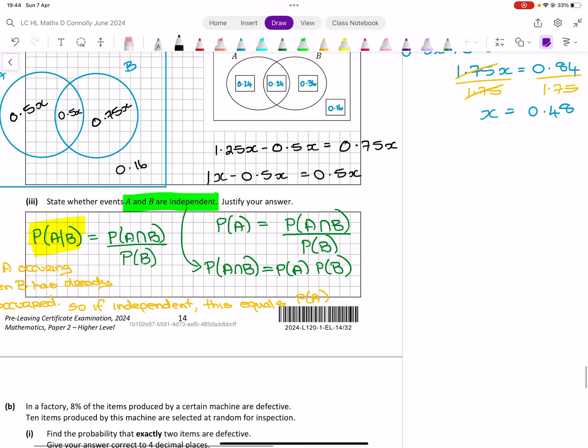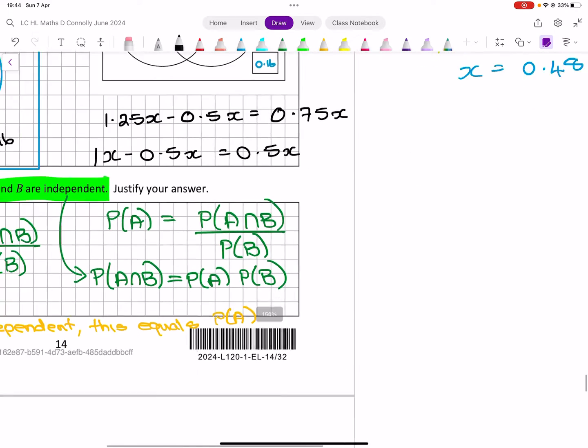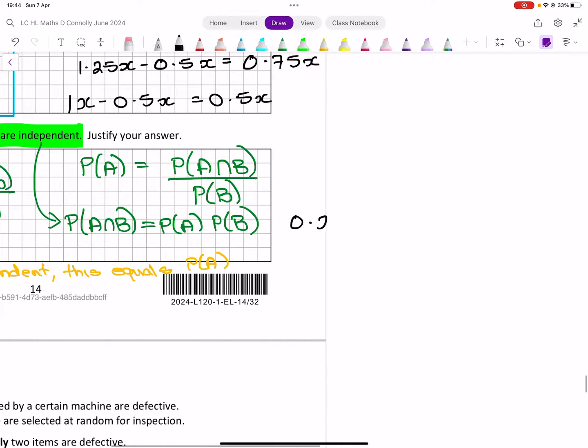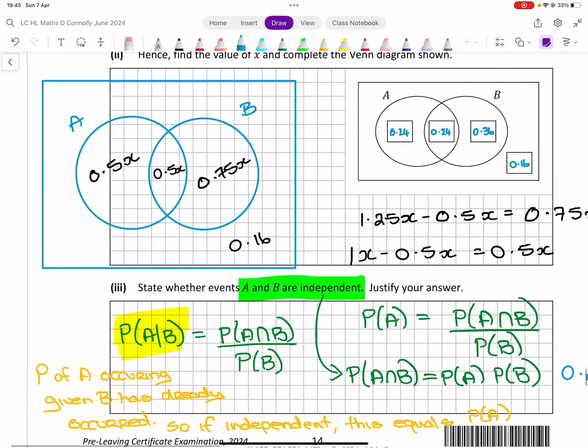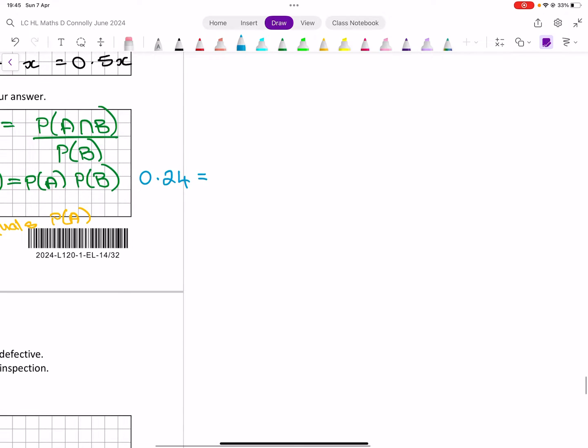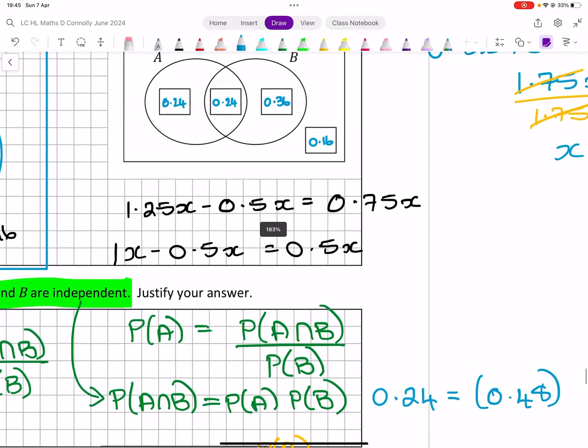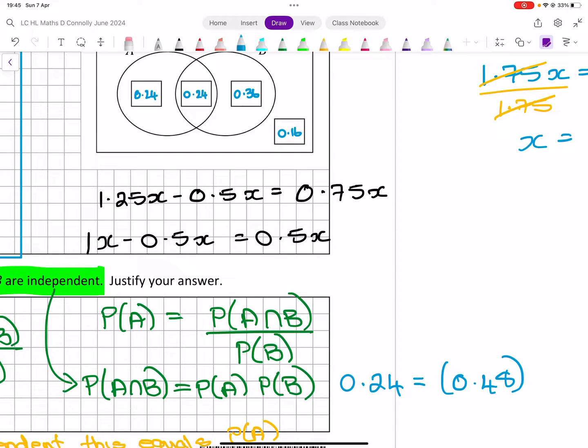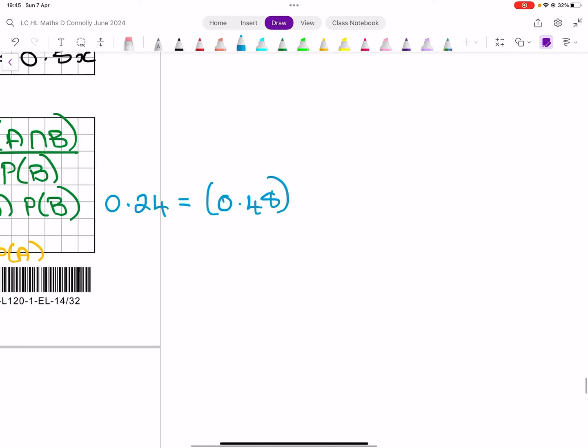So the probability of the intersection, what was that? 0.24. Sorry, don't know why that's in black. 0.24. The probability of A, now the probability of A is both of those, so that's 0.48. Isn't it? Yeah. And then probability of B is the other two, which is 0.6.